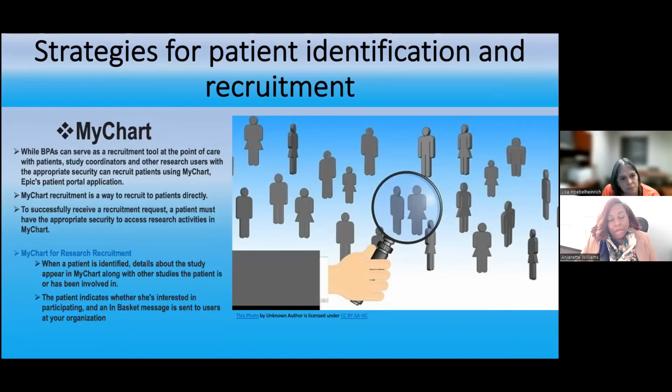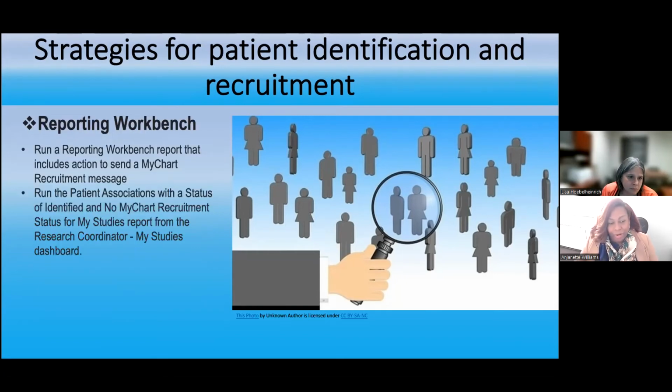So MyChart, you can go to the next one, Shravani. MyChart is another tool, and it's a way to recruit patients directly. To successfully receive a recruitment request, a patient must have the MyChart security access, and when a patient is identified, details about the study will appear in MyChart along with other studies. And the patient indicates whether they're interested, and then an in-basket message will be sent to the users at your organization.